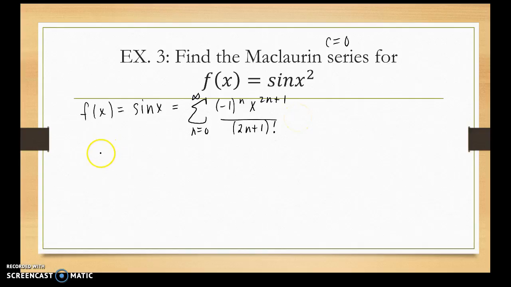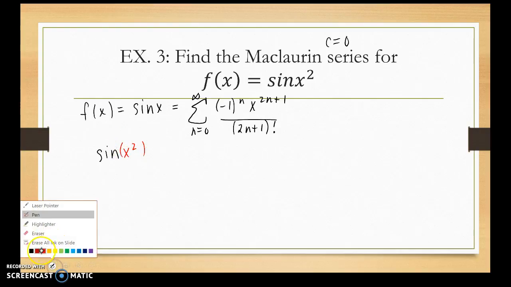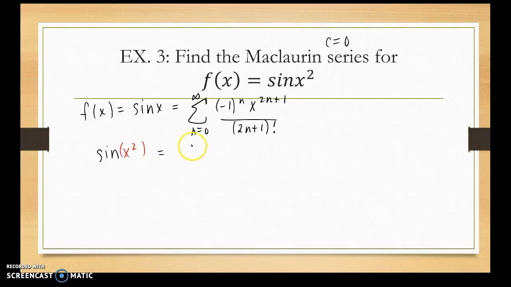All right, so if I want the series for the sine of x squared, then all I need to do in the original definition, what am I going to replace my x with?